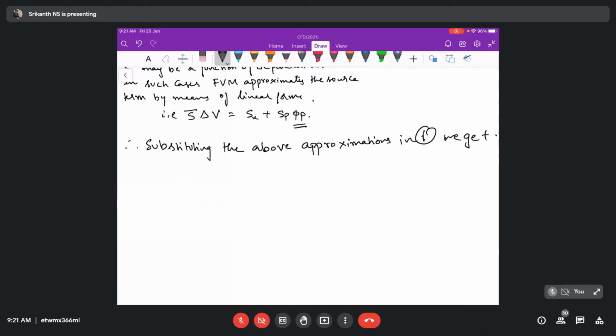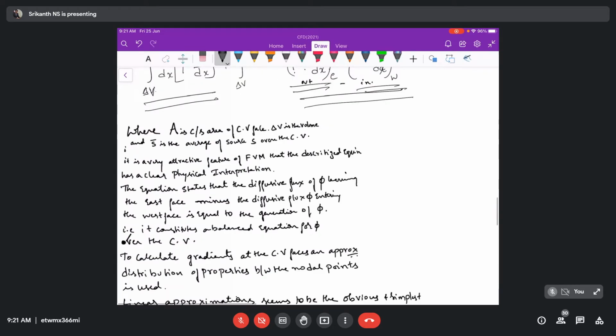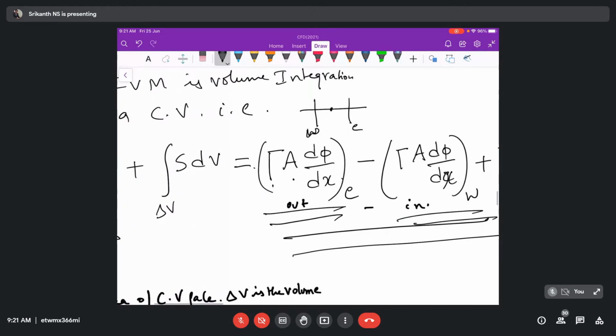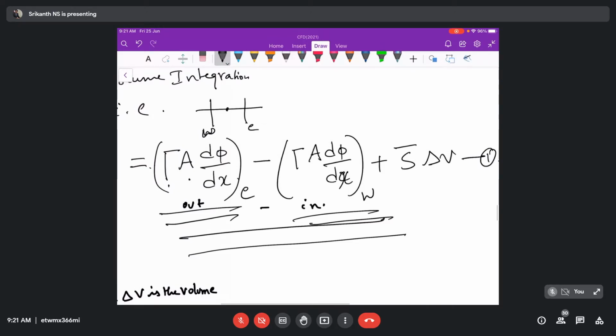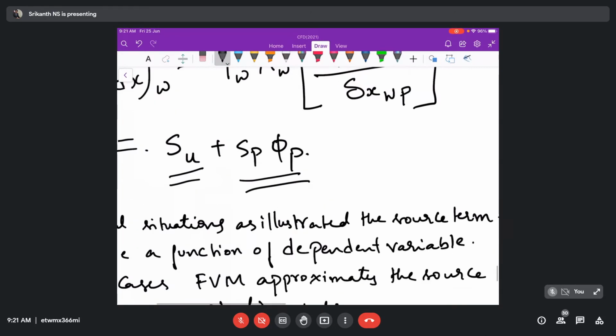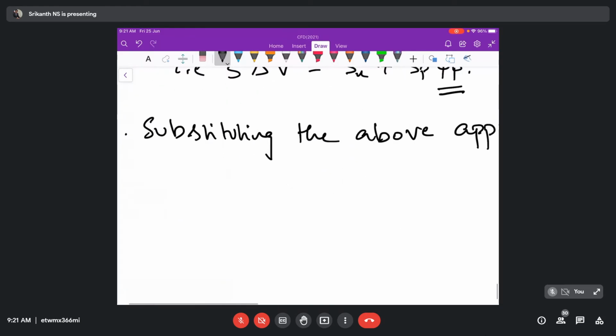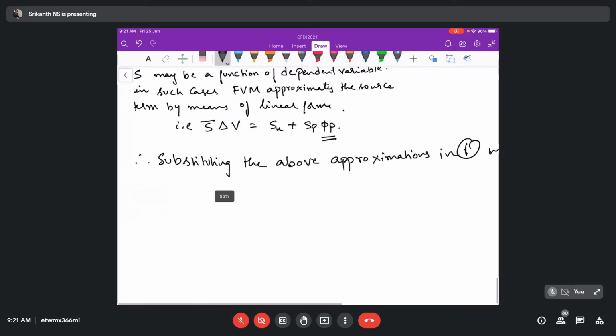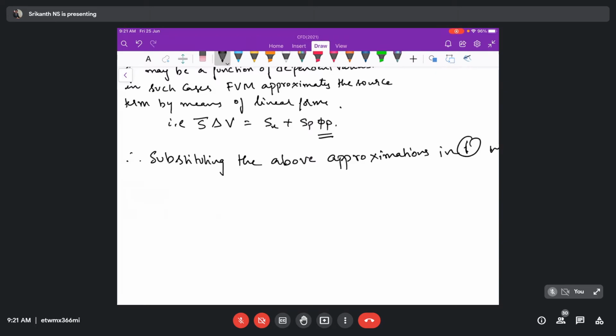Come on, let us try to write it. Please see this equation, all of you. RHS, only RHS I'm talking about: gamma A d phi by dx minus gamma A d phi by dx at w plus S bar into delta V. Please write that. So in the place of that, what are we going to get?